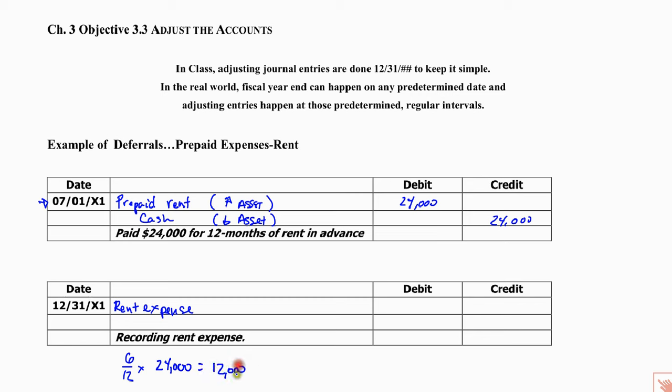That's $12,000. Okay, so you're reducing this asset account. You're using up an asset. So this journal entry is telling us we used up in this past year, or really last 6 months, but for the fiscal year we had used up $12,000 out of the $24,000 in rent that we paid.